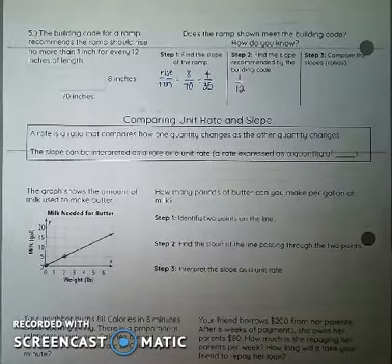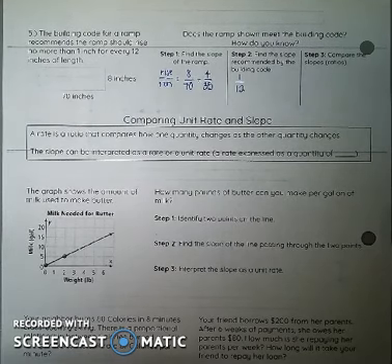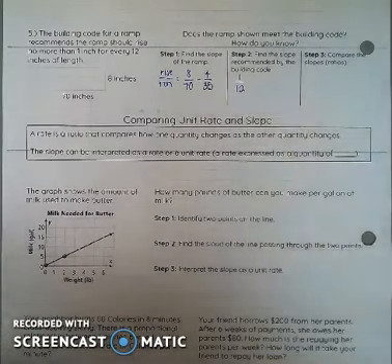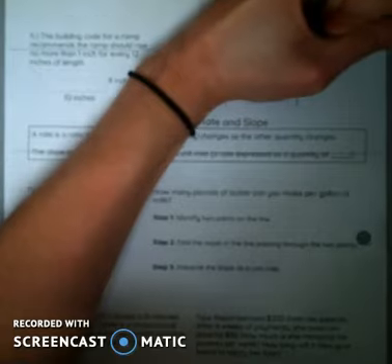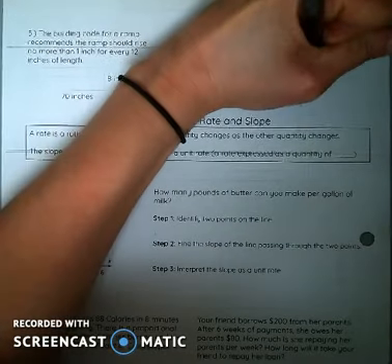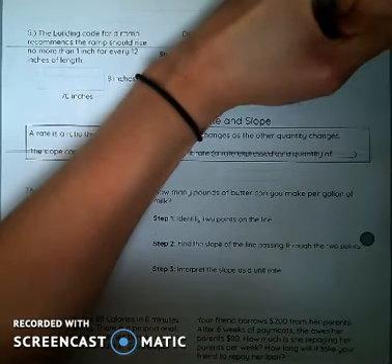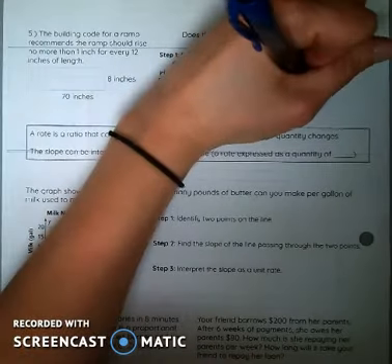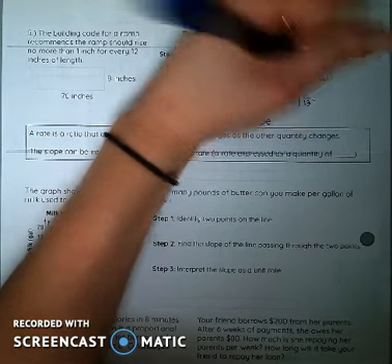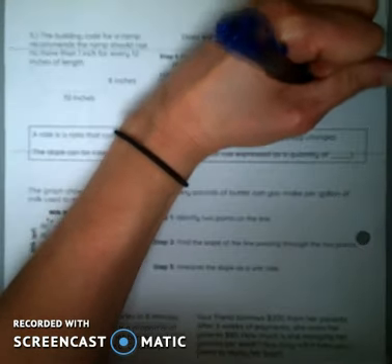Even though fractions are the best way to write slopes, sometimes it's nice to write those as decimals just to make it a little bit easier to understand. So I'm going to change 4 over 35 into a decimal, and when I divide that, that gives me about 0.11. Now the next one, when I take 1 divided by 12, that gives me 0.08.